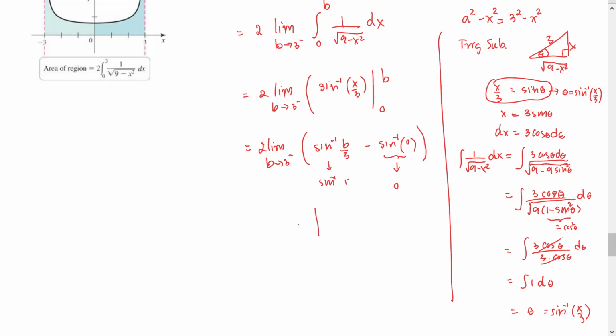Think about the graph of the sine function. It approaches 1 when it approaches pi over 2, but from the left side. So that means this value approaches pi over 2. Then the limit value becomes pi over 2 multiplied by the coefficient 2. The answer is pi, which is a finite number.